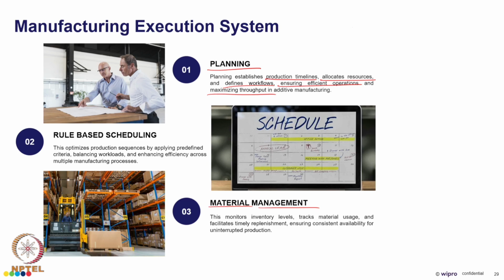We need to make sure of this in material management, and if at all some material is getting reduced, we will make sure of timely replenishment of the materials, which will ensure consistent availability for uninterrupted production. So, this is a software tool which makes sure that planning, rule based scheduling, and material management are concentrated in the same tool itself.